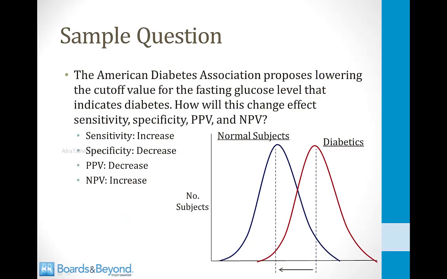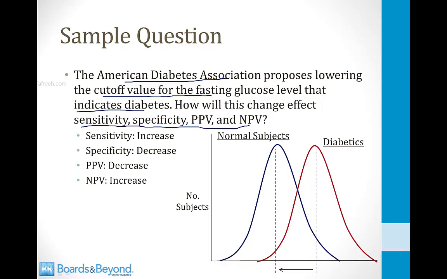And you can remember all this by just remembering this one point that I'm circling right here. So let's suppose that the American Diabetes Association proposes lowering the cutoff value for the fasting glucose level that indicates diabetes. How will this change affect sensitivity, specificity, positive predictive value, and negative predictive value? Well, now we've gone over all these things between the module on sensitivity, specificity, and this module.